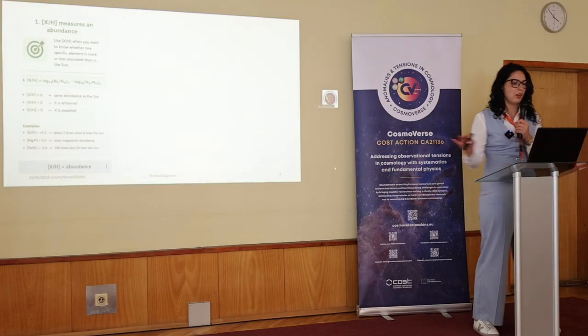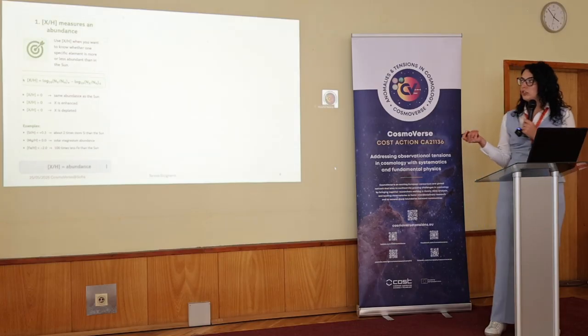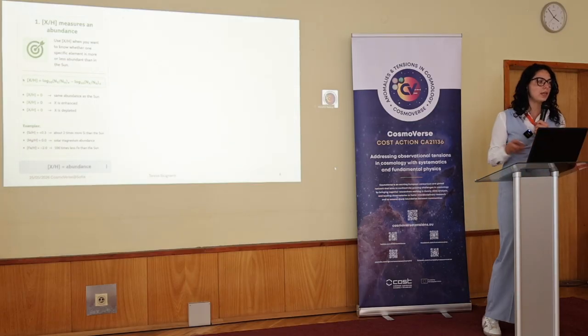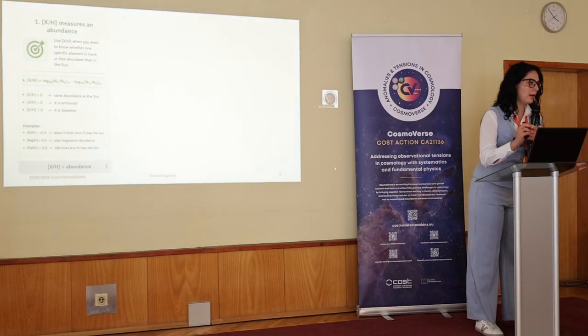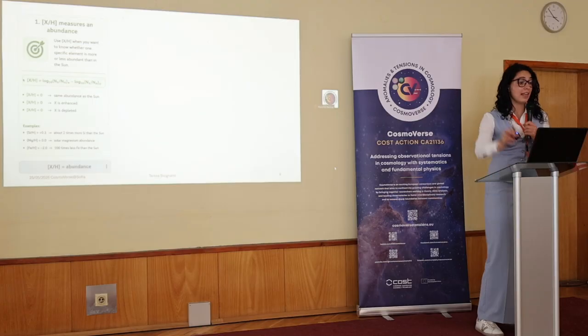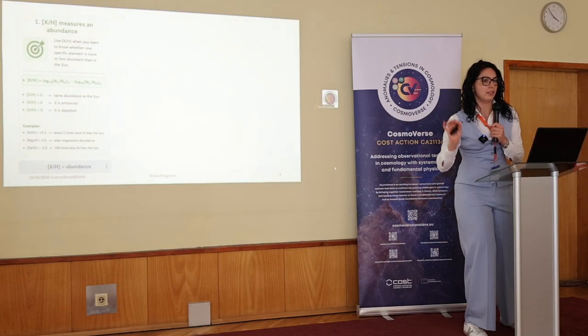Now, just to be on the same line, Louise also anticipated this notation. When we talk about metallicity abundance, we are comparing the abundance of one element with respect to hydrogen, and then with respect to the solar value of that element.